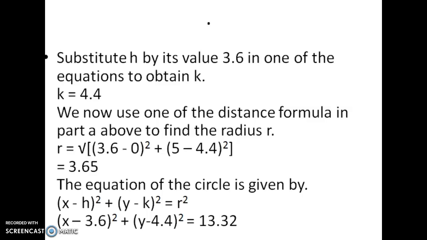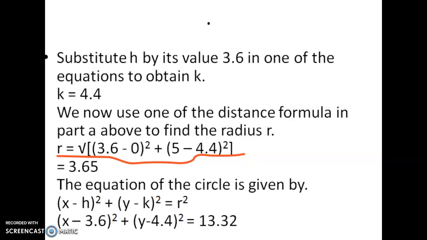Now we have the coordinates of the center, 3.6 and 4.4. We can take any point from the circumference and, using this equation, the one I just underlined here, we take point A on the circumference. Then we simply find our radius.